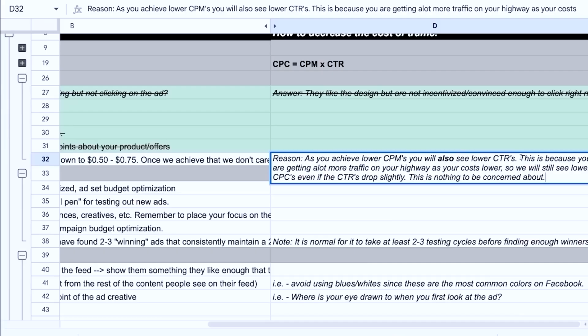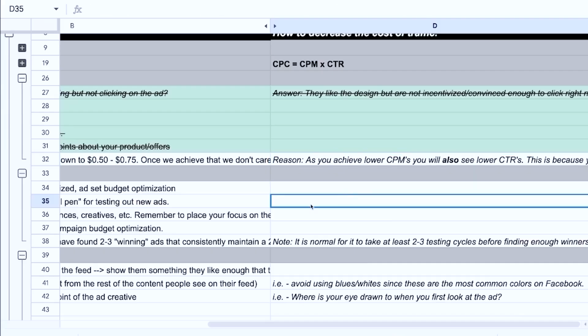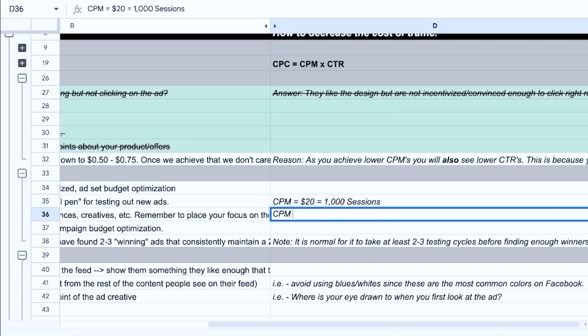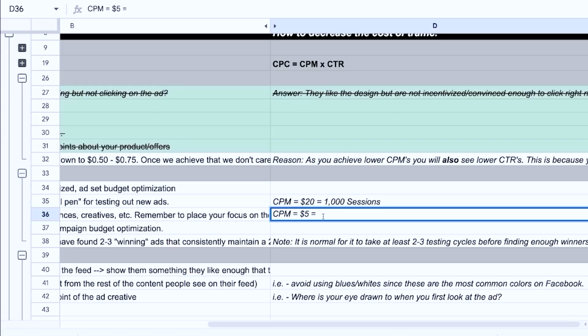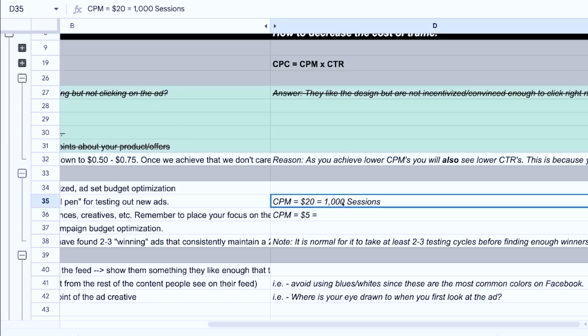The reason that this is not something to be concerned about makes sense if you just think about it yourself. Say our CPMs are $20 per 1,000 sessions. Then let's say that our CPMs drop to $5. So for $20 up here, we're getting 1,000 sessions.